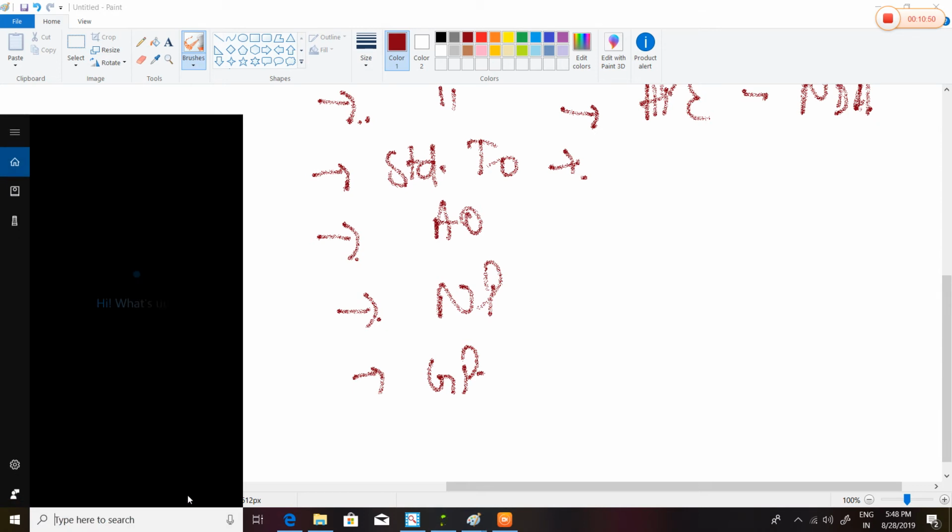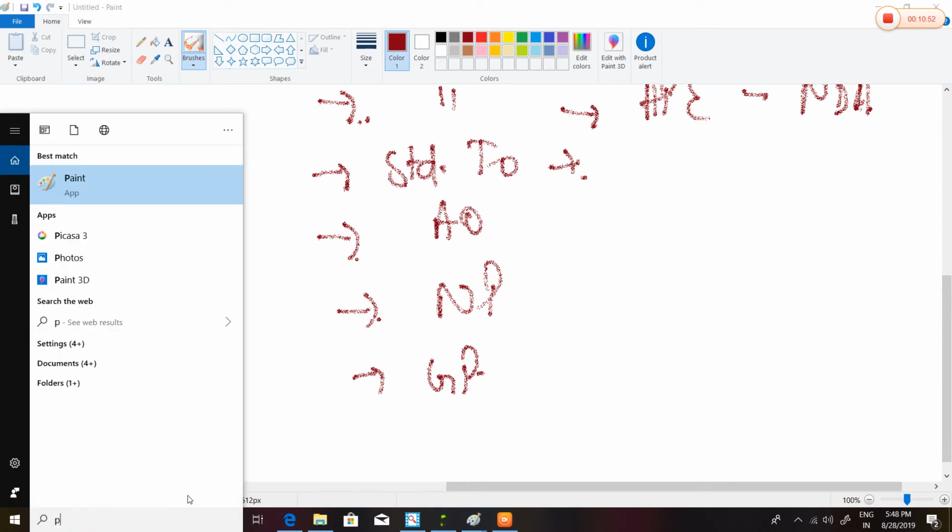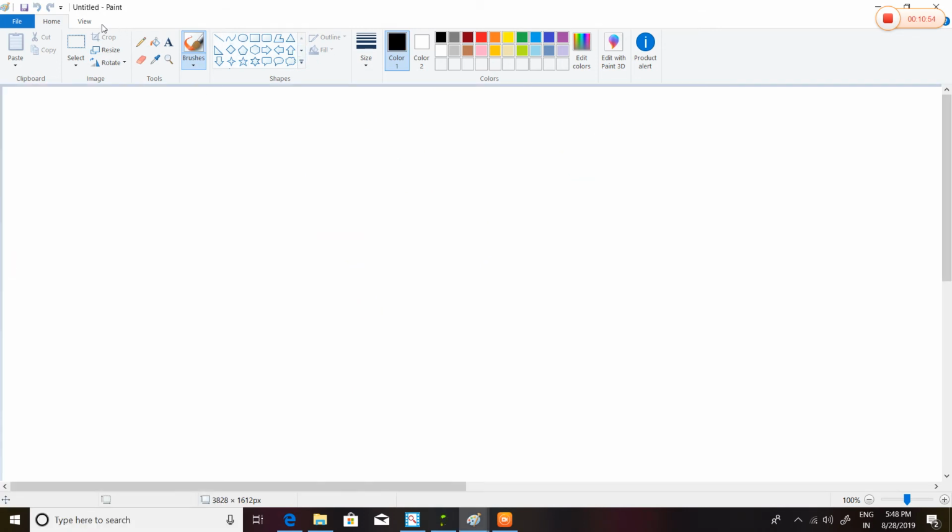Now, computation of claim under the loss of profit.